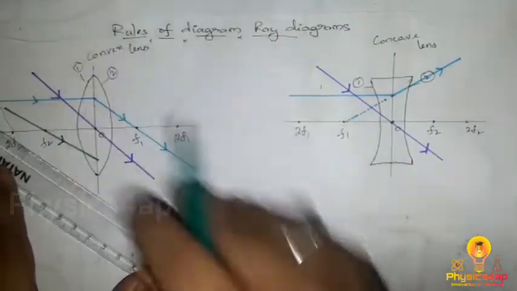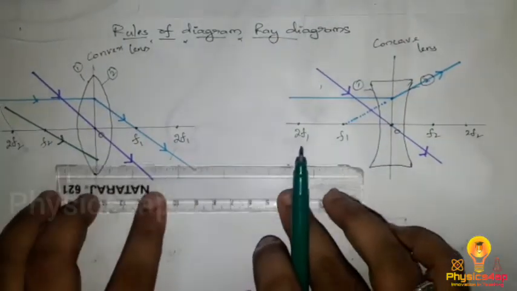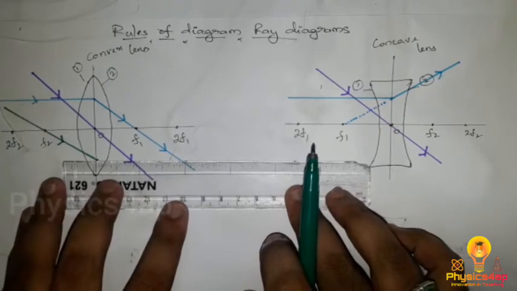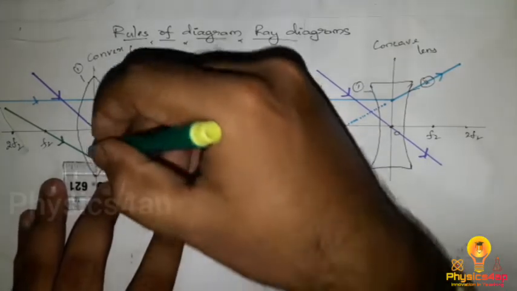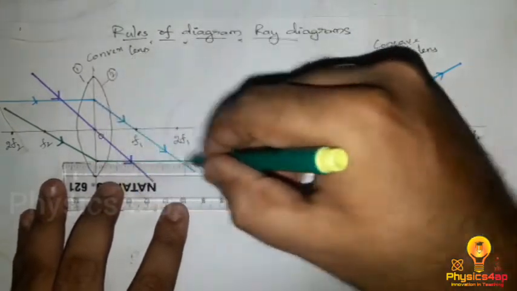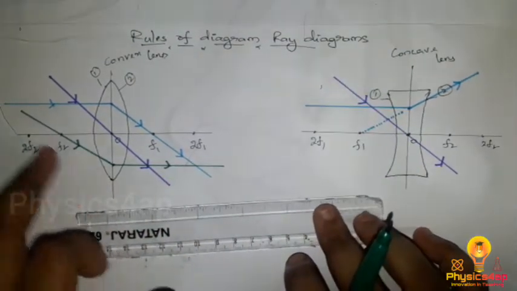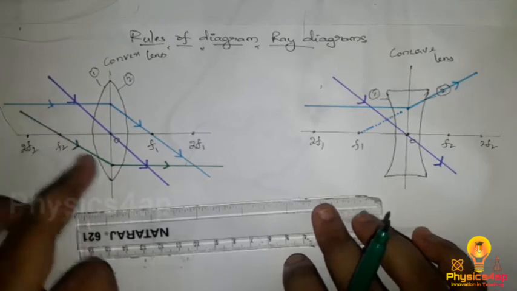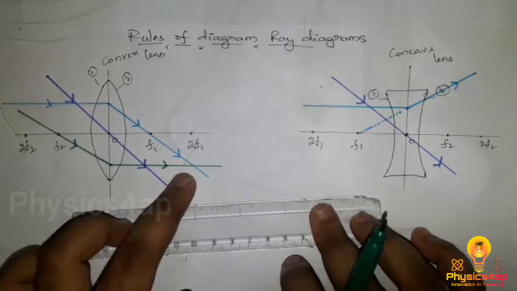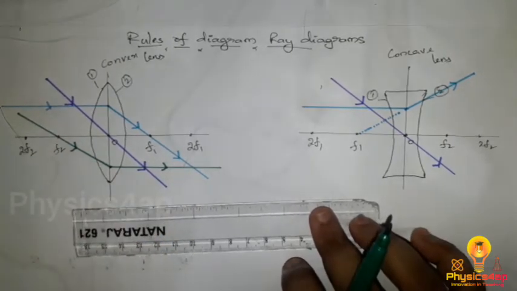So when it passes through the focus, it refracts and moves parallel to the principal axis. So that is how the ray moves over here. It is passing through the focus, so it moves parallel to the principal axis.